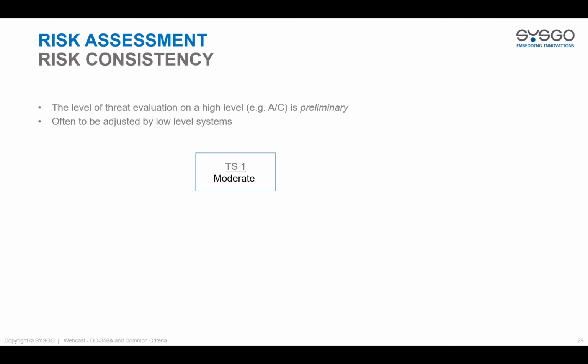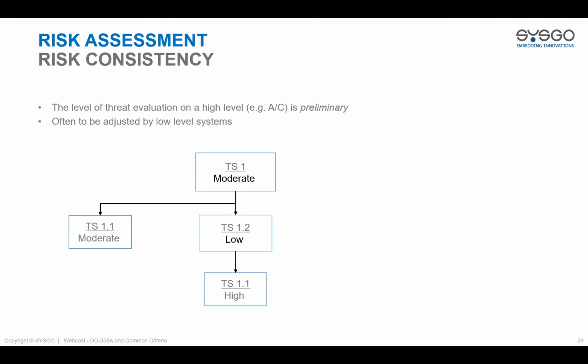Finally, risk consistency. The level of threat evaluation of an airplane is always preliminary, and it often needs to be adjusted by lower-level systems. If you have a very high-level system like the entire airplane and you have evaluated the level to be moderate, there may be subsystems with a higher level than before, and then the threat level evaluation walks up the tree.